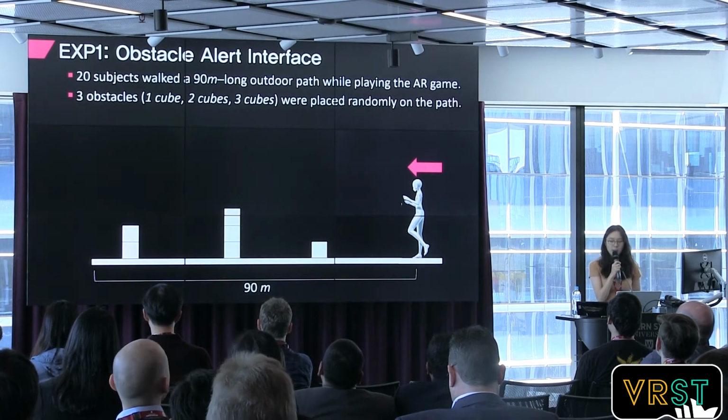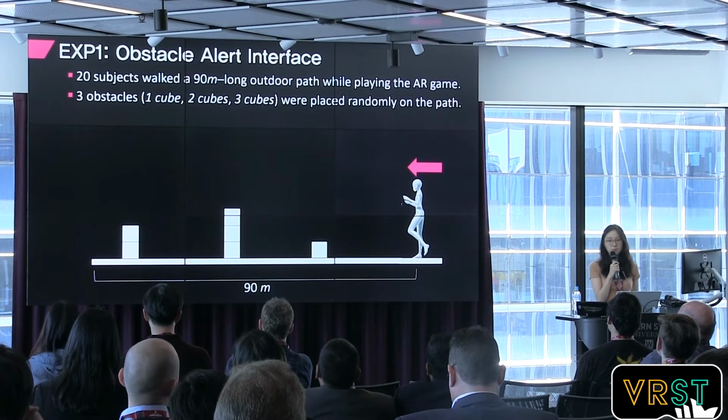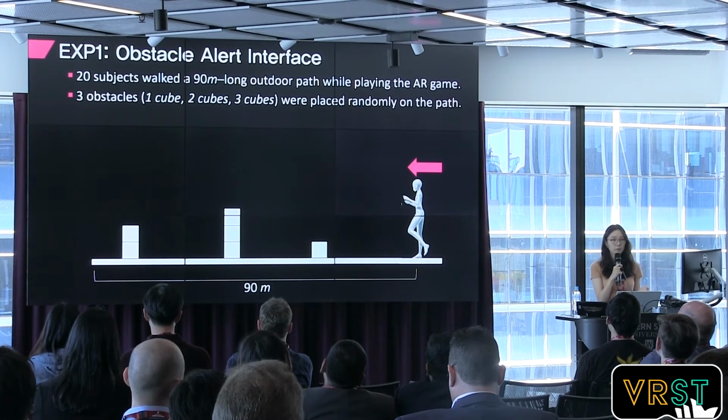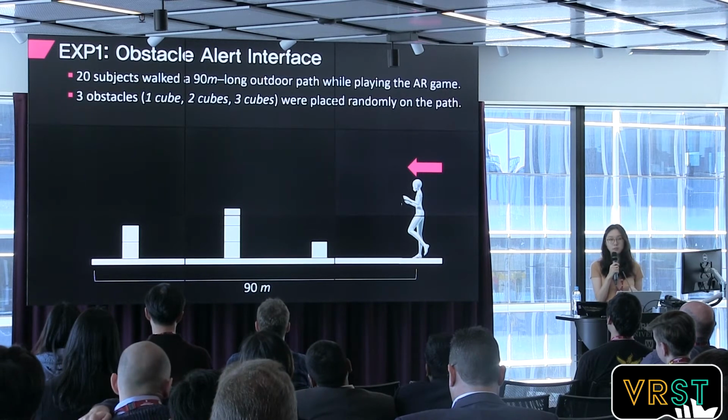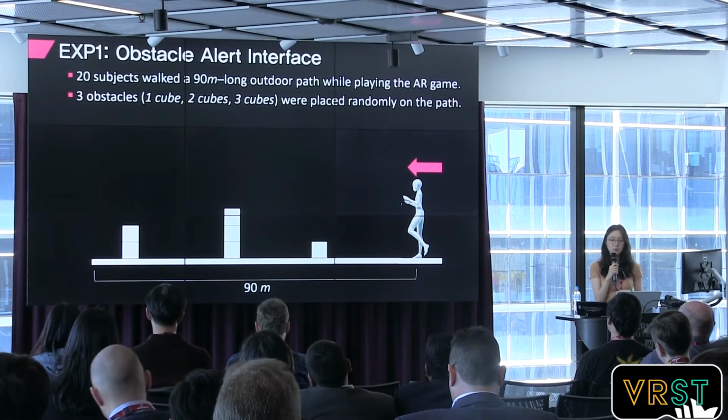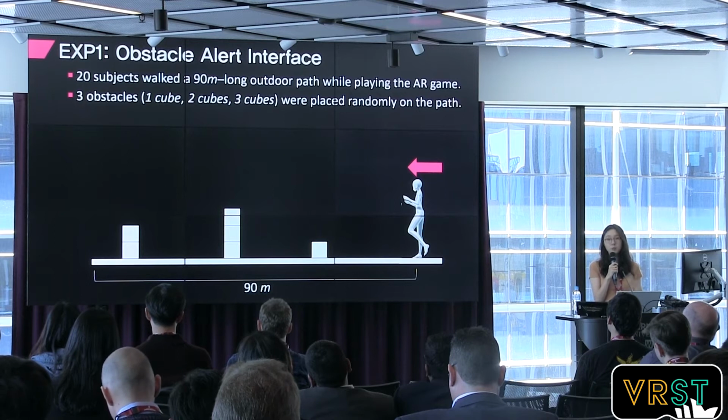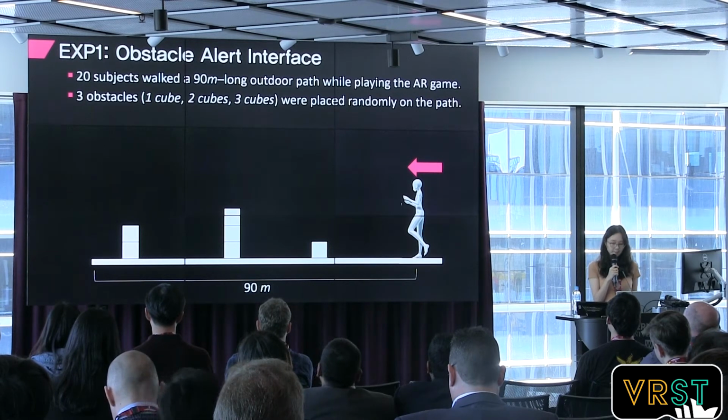As aforementioned, the first experiment's goal was to find interfaces that most effectively alerted users. So 20 subjects were instructed to walk down a 90-meter outdoor straight path while playing the AR game that we just presented.